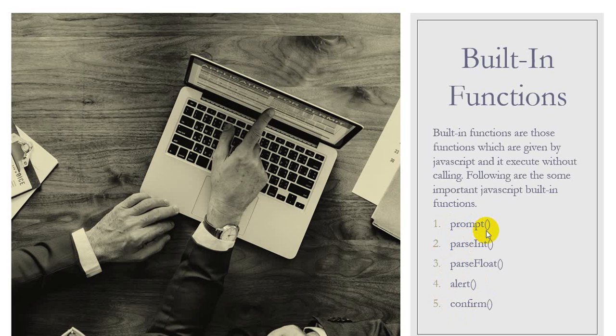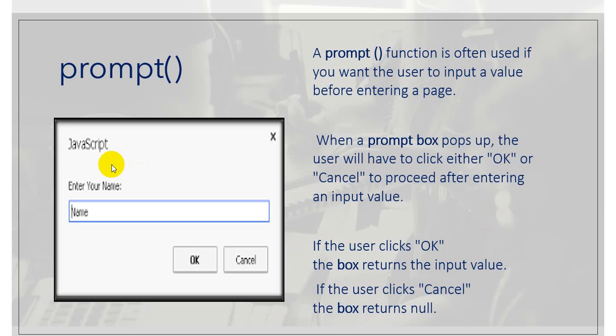I just want to show a slide in which you can see a clear picture of prompt. This box is called a prompt box. In the prompt box, among the things you will get, something static is one OK button, one Cancel button, and one box called an input box, because inside that the user can type input.